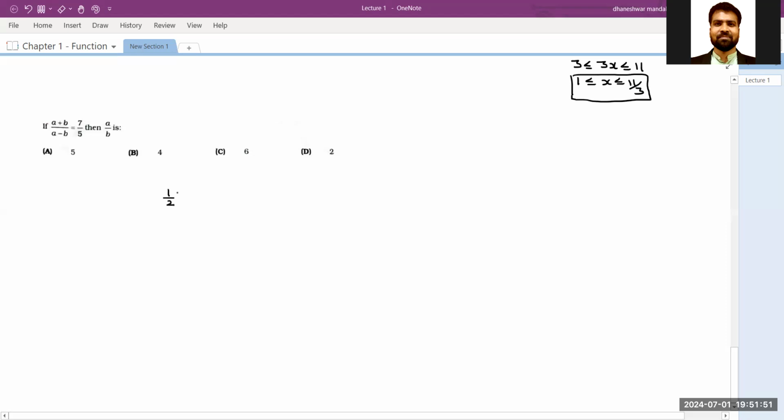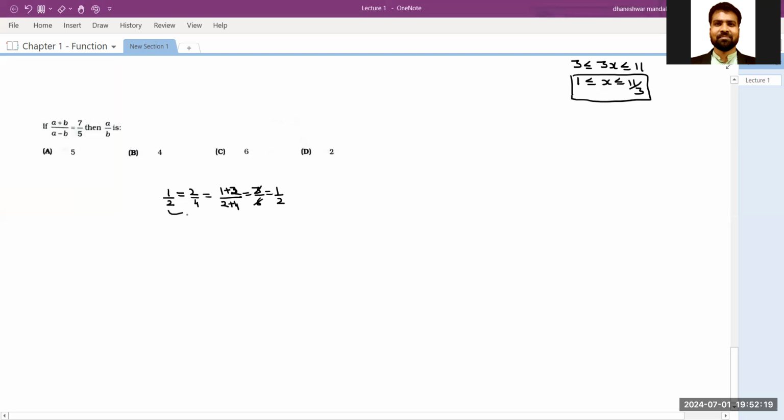Also one more ratio, 2 by 4. If I add these two numerators, I get 3, 1 plus 2. And if I add the denominators, then again I get 6. So if I cancel these two terms, I get the same ratio. Is this clear?